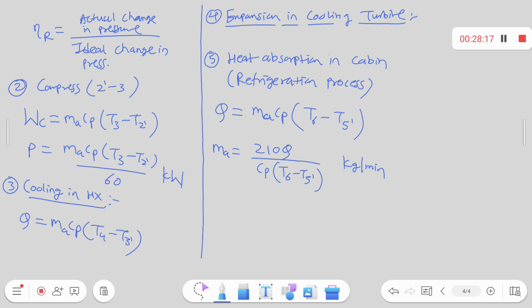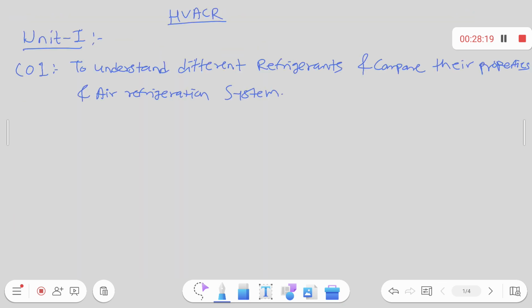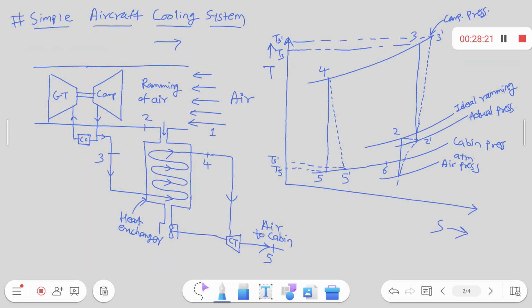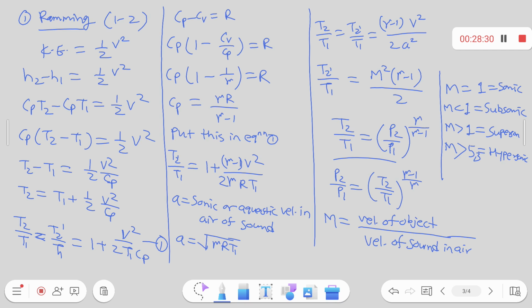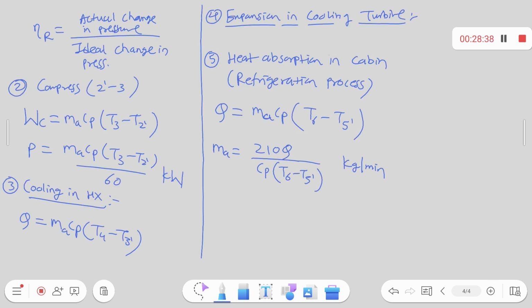So what we have seen here in this arrangement of the cooling system, TS diagram, different processes: ramming process, in that we have calculated ramming temperature, right? What is Mach number? Then compression, the formula for compression work.